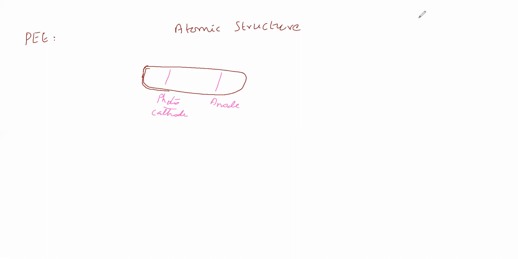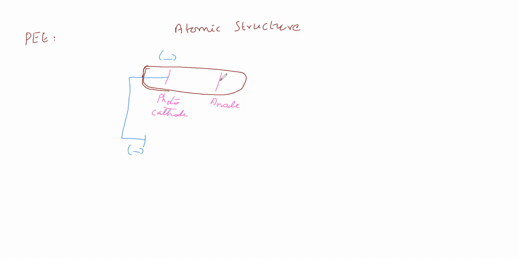Then these are connected to the respective poles of a battery. The photocathode is connected to the negative pole of the battery, so it has negative charge.